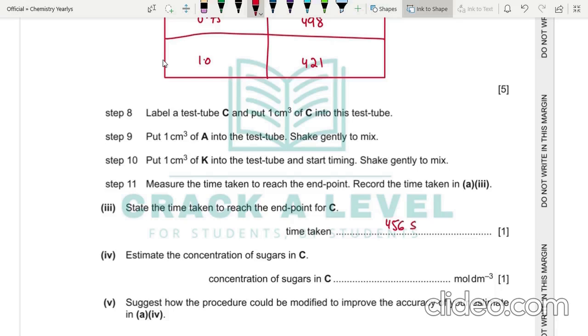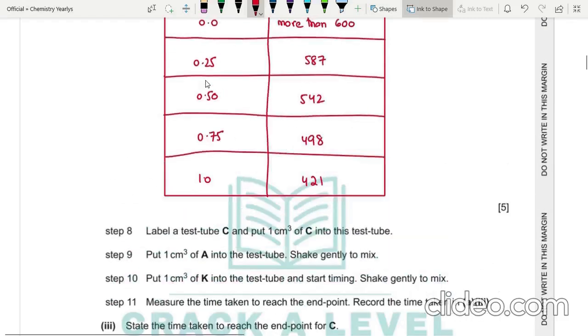One tip I want to give you here is that you are always going to write your time in whole numbers. Even if it comes in decimal, and for sure it will as you are going to be using a stopwatch, you have to round it off to whole numbers. Estimate the concentration of sugars in C. Now let's have a look at our table.